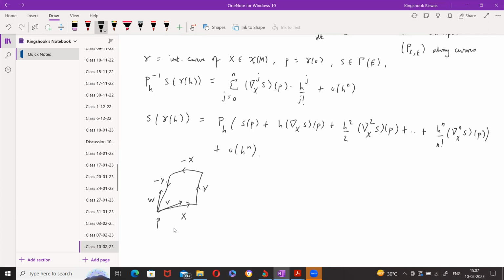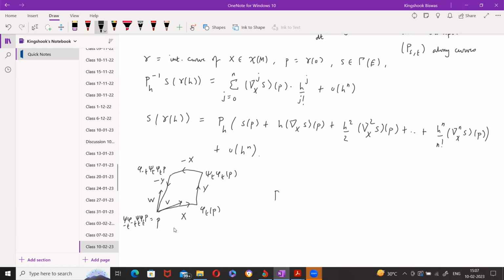So this is for time T, time T, time T, time T. Okay, so this is phi T of P. This is psi T of phi T of P. And this is phi minus T psi T phi T of P. And this P is nothing but psi minus T, phi minus T, psi T, phi T of P. Okay. So this is my little quadrilateral.